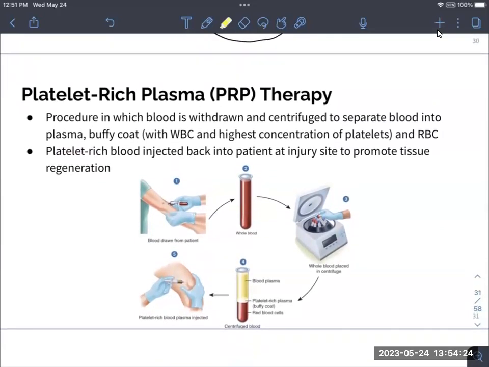Platelet-rich plasma therapy. As I mentioned, we use a centrifuge. Once we've drawn blood, we use a centrifuge to separate that blood.